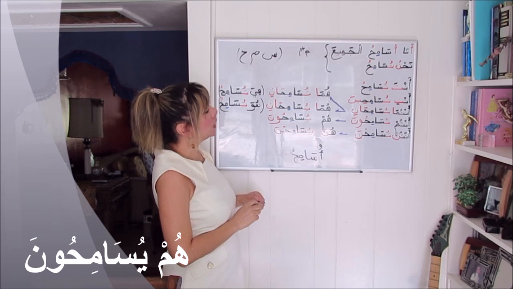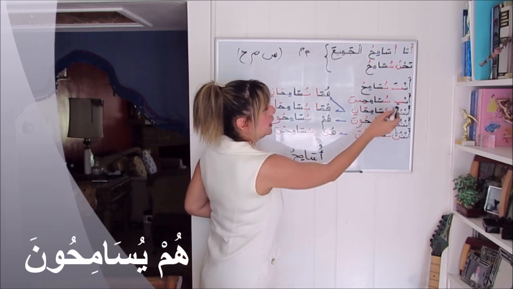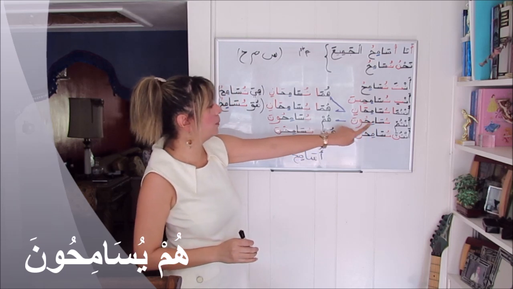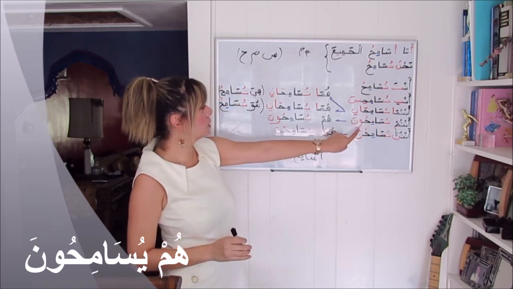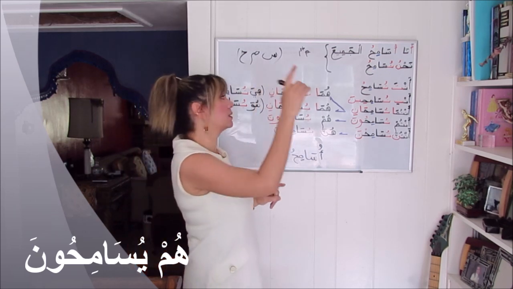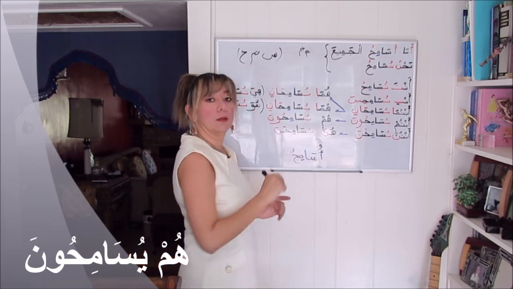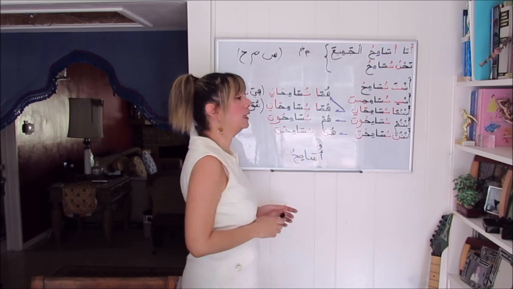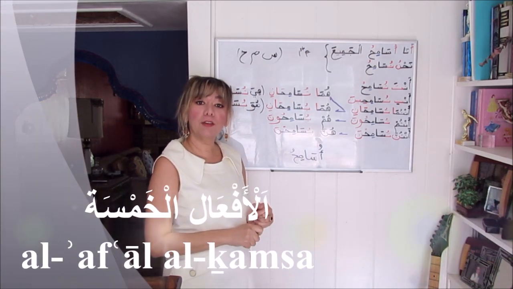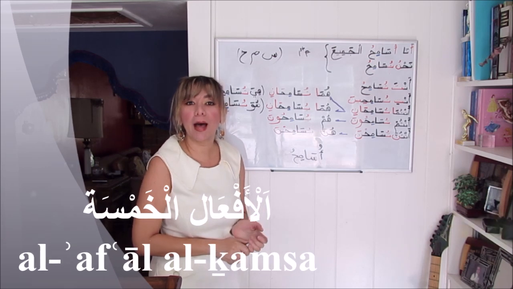And you know what we call أنت تسامحين, أنتما تسامحان, أنتم تسامحون, هما يسامحان, and its feminine version تسامحان, the five verbs. الأفعال الخمسة.